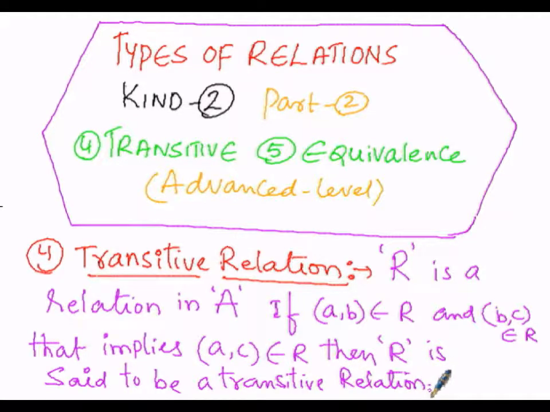So here the condition to be a transitive relation is: if (A, B) belongs to R and (B, C) belongs to R, then (A, C) also must belong to R. Then the relation R is said to be a transitive one.